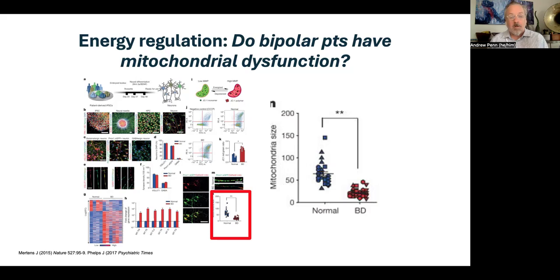People with bipolar disorder actually have smaller mitochondrial size compared to healthy normals. And so this is interesting, right? If we have an impairment of energy regulation, it would make sense that that might track back to mitochondria. So stay tuned to this data.